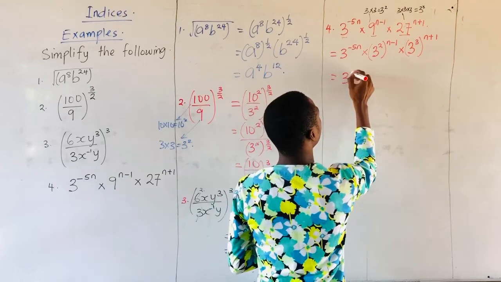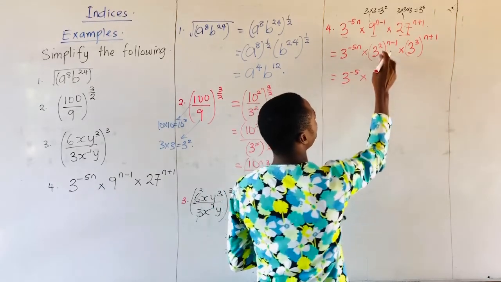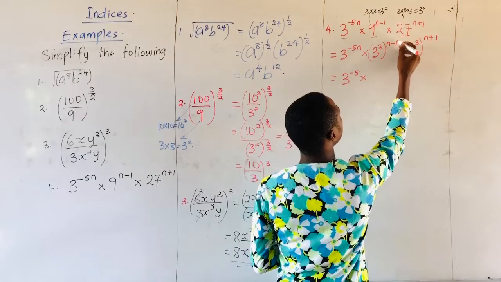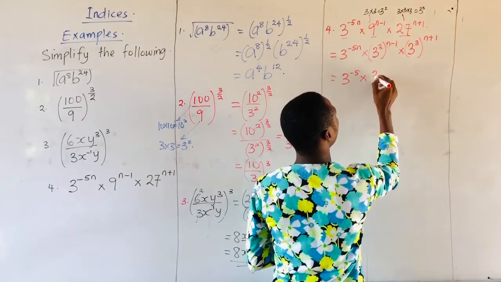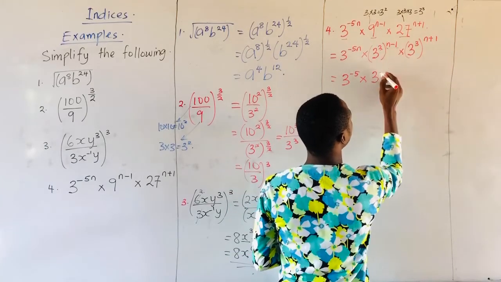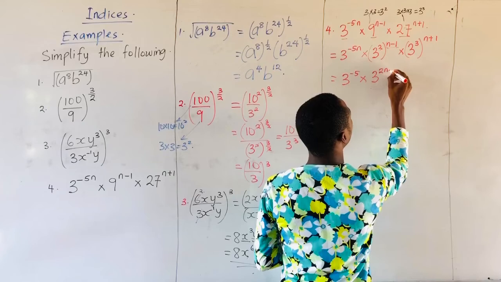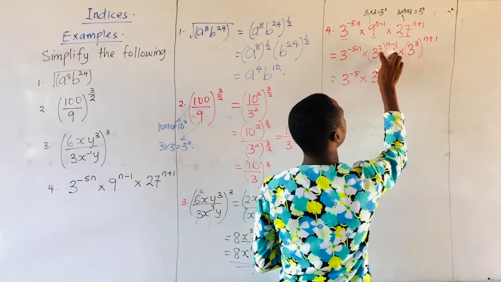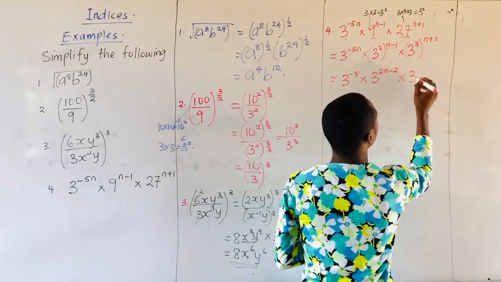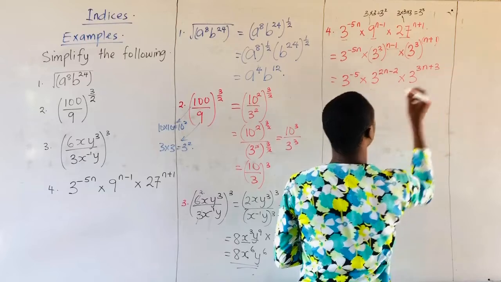So 3 to the negative 5n times, the property says the powers will multiply. So since it's n minus 1, we will have 3 to the power 2 multiplying n minus 1 will give us 2n minus 2. Here 3 will multiply this power, and that will give us 3n plus 3.